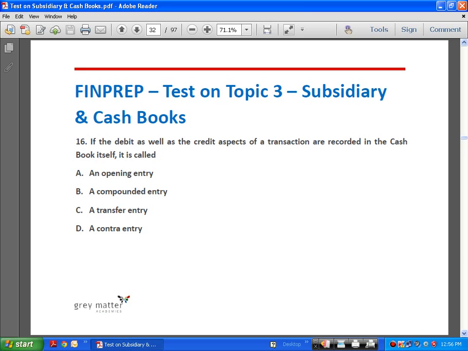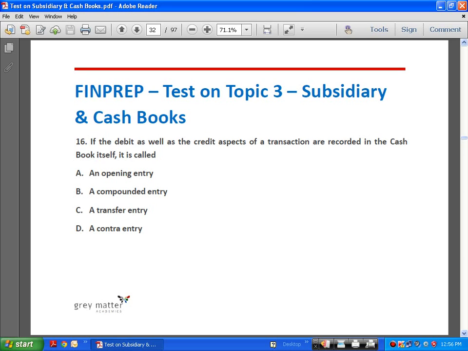Right. So now let's take a transaction like cash is being deposited into the bank. So the entry will be bank account debit to cash, because bank balance goes up, we have to debit the bank and cash balance reduces, so we have to credit cash. So how will we post this in a two-columnar cash book?